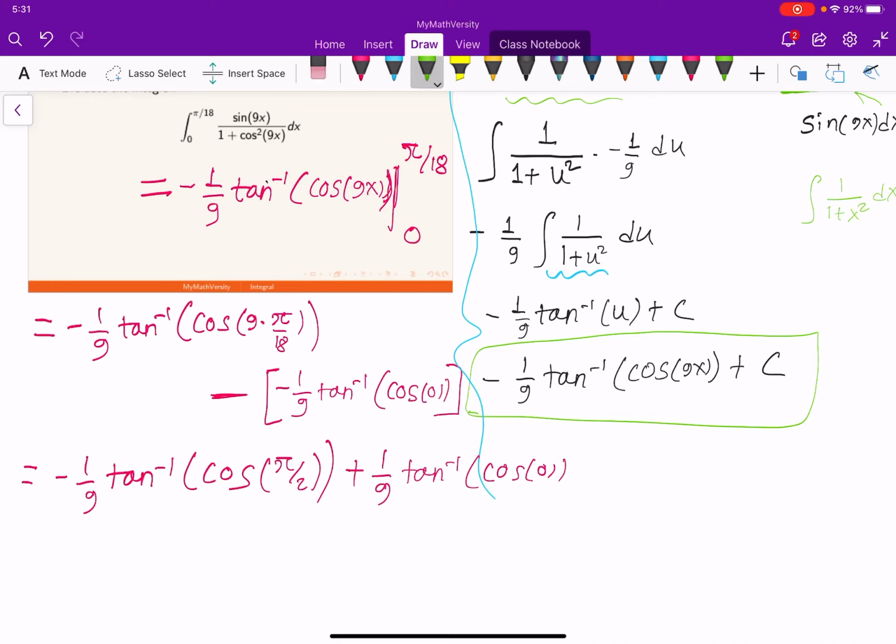All right, so if you look into here, this is cosine pi over 2. What is the value of cosine pi over 2?